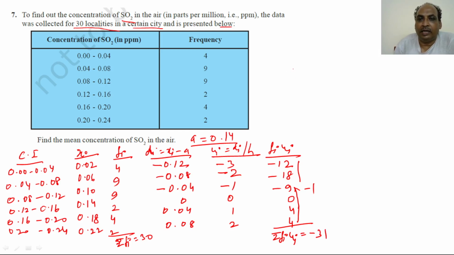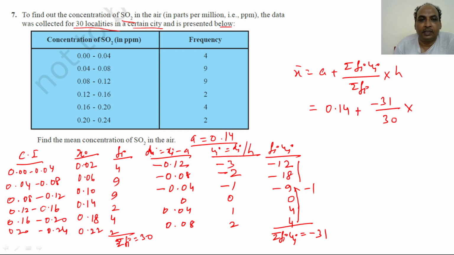We will go for finding out x mean. It is equal to assumed mean plus sigma fiui by sigma fi into h. So assumed mean is 0.14, and here it is minus 31 divided by 30, h is 0.04.